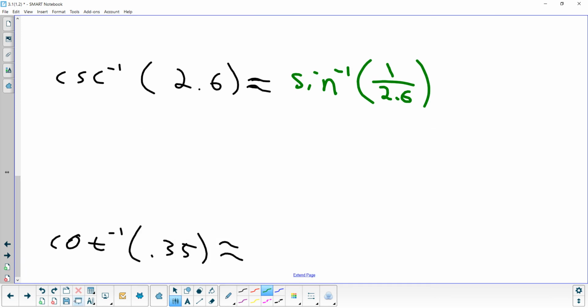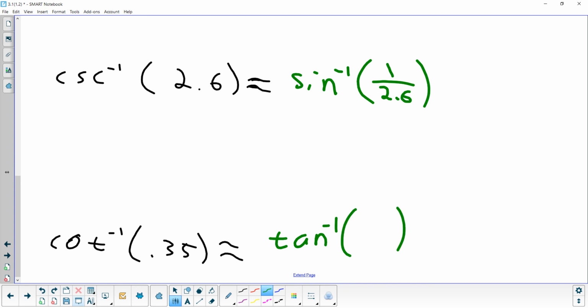All right, inverse cotangent of 0.35. Aiden, do we have an inverse cotangent button? No, we don't. So we're going to have to replace inverse cotangent. What trig function do we replace it with? Tangent. Close. Inverse tangent. Yeah, inverse tangent of, and we can't do 0.35.